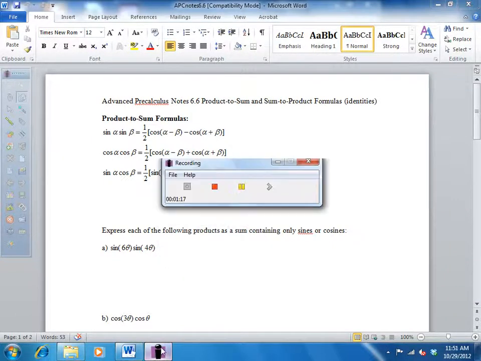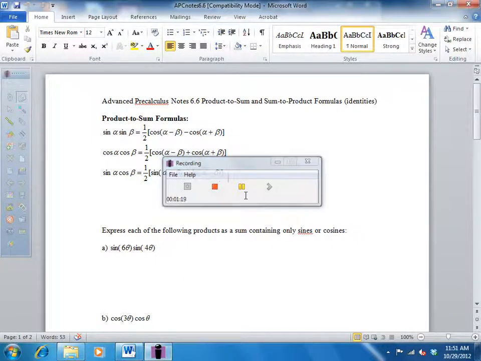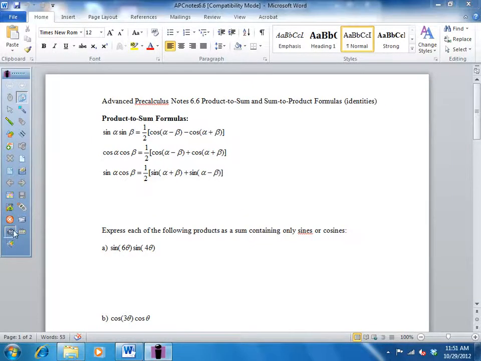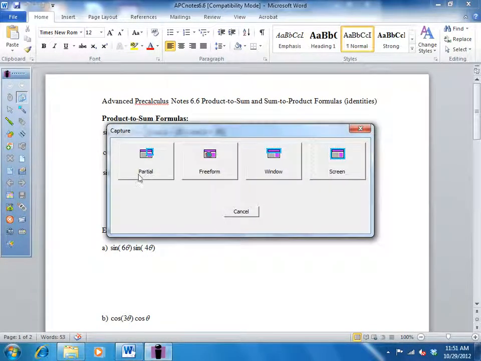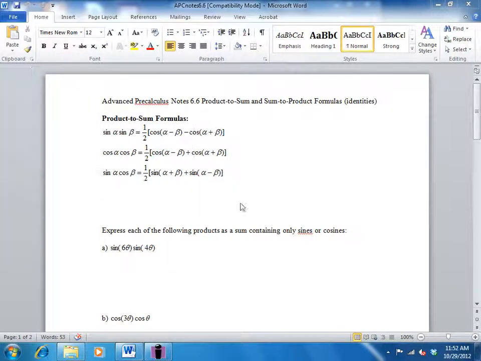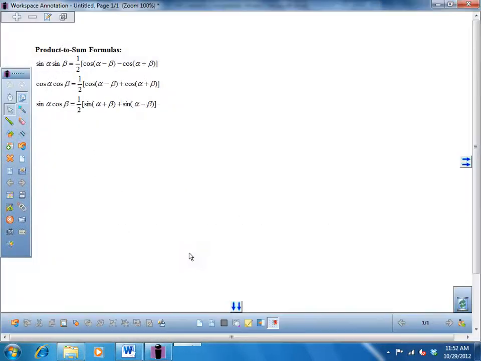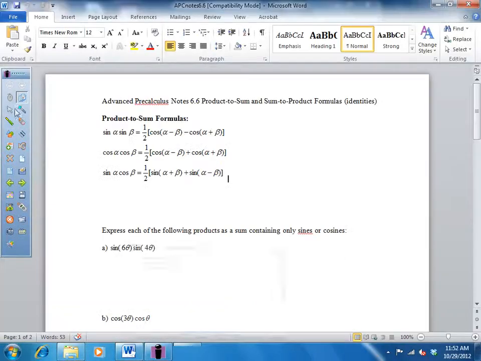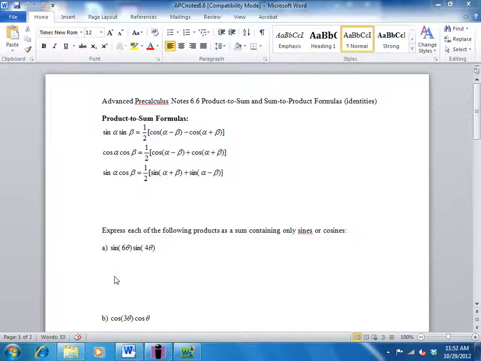So I would, whoops, wrong tool. I want to get this thing. So I'm just going to copy these formulas over here and put them somewhere. Where'd they go? And then I'm going to go back and grab this now, and they'll say find the exact value of this.